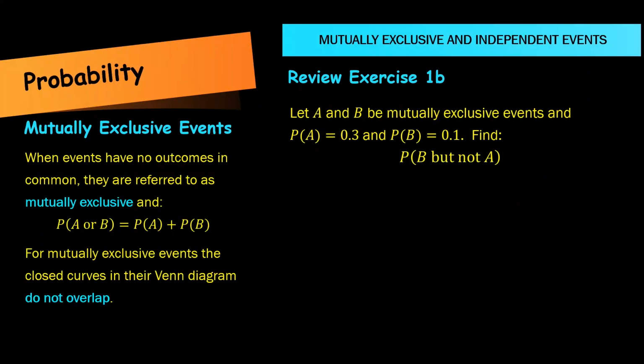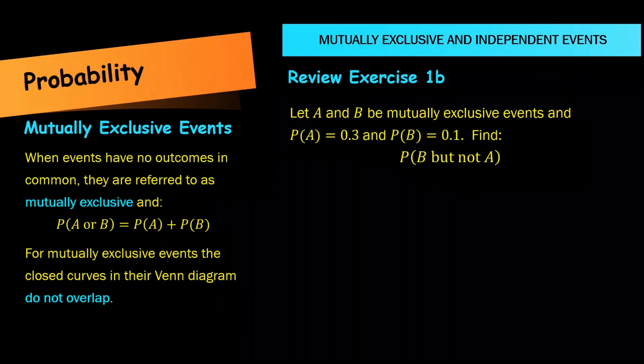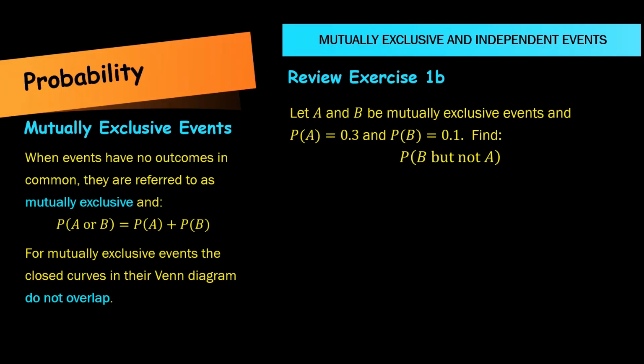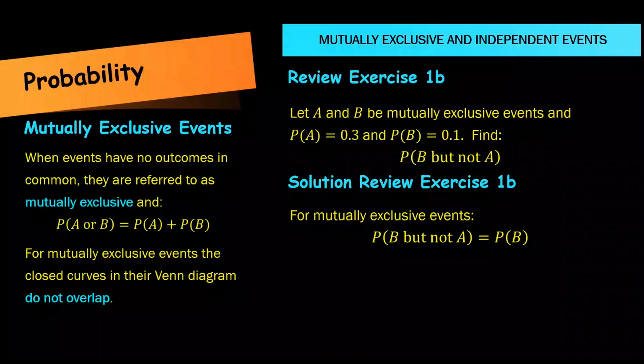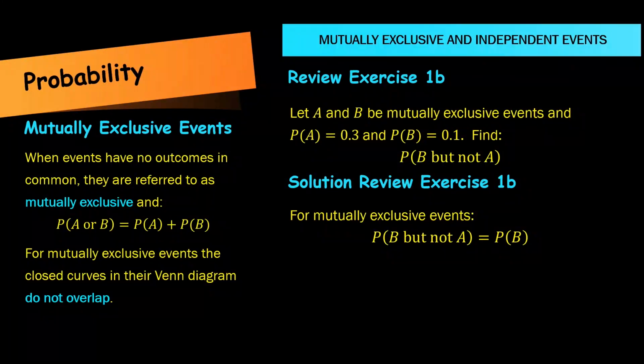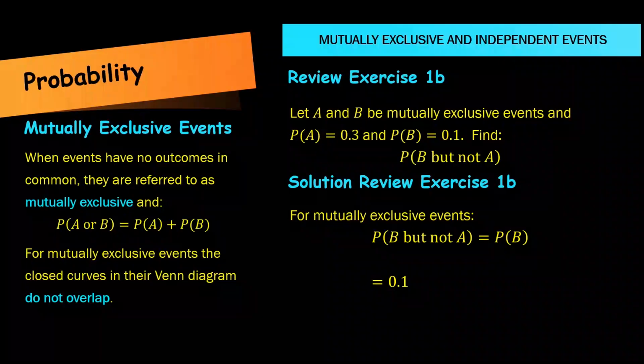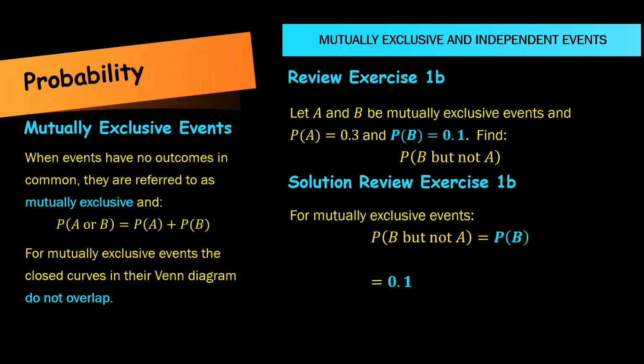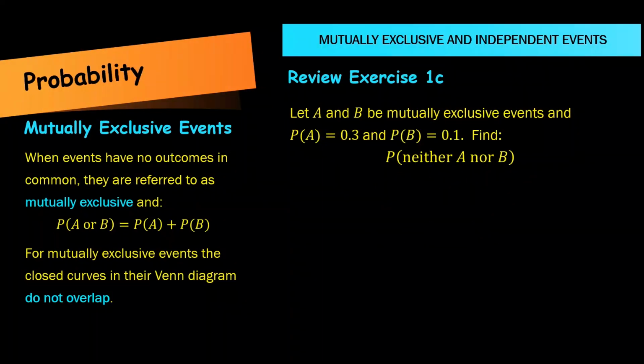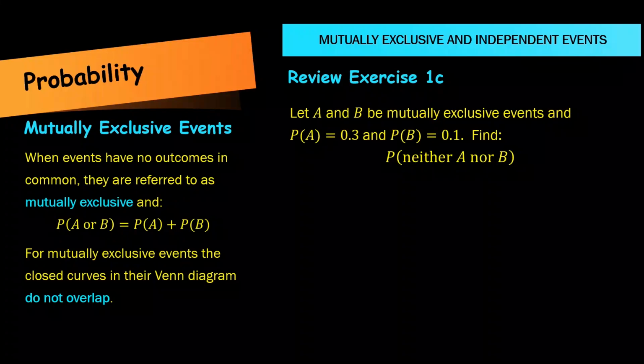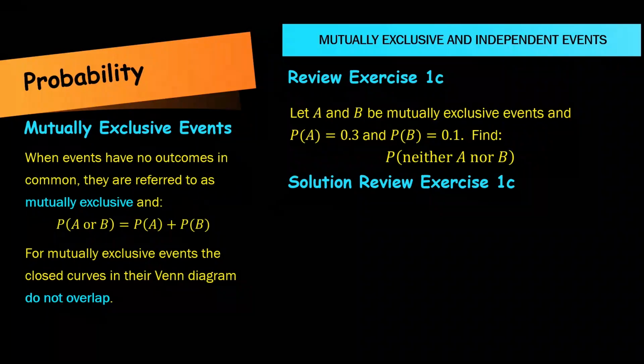And now for example 1b. Find the probability of B but not A. Let's solve this. For mutually exclusive events, we have that probability of B but not A is equal to the probability of B. And this is of course equal to 0.1. And now for part C. Find the probability of neither A nor B. Let's solve this.